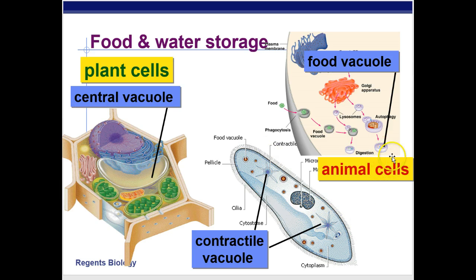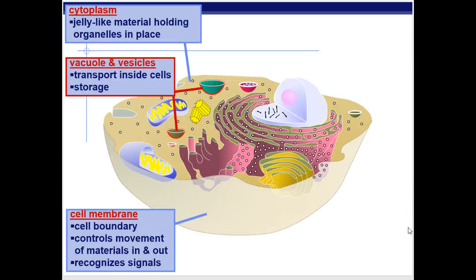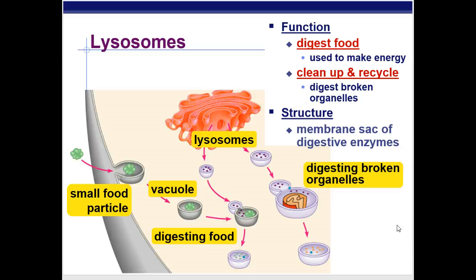And over here in the animal cell, we have some, like we saw before, food vacuoles. And here they are represented in this drawing. Lysosomes are little organelles that contain digestive enzymes.